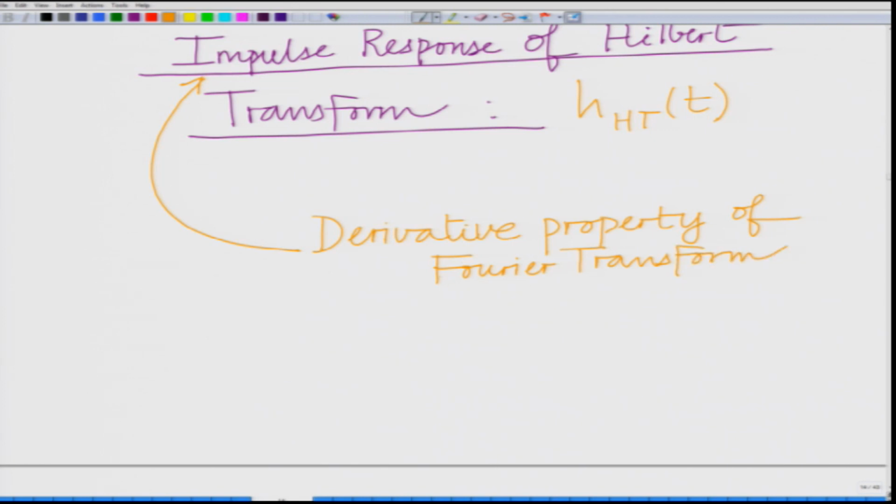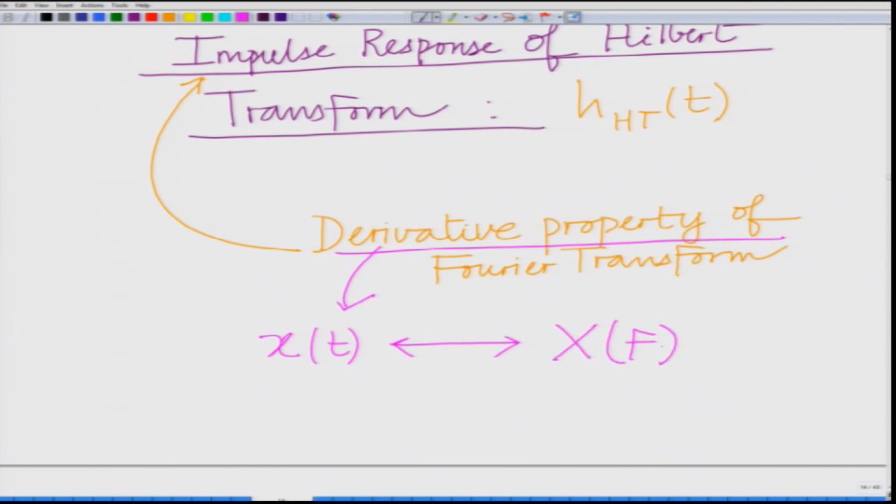The derivative property of the Fourier transform is as follows. Consider a signal x t which has Fourier transform given by x of f.